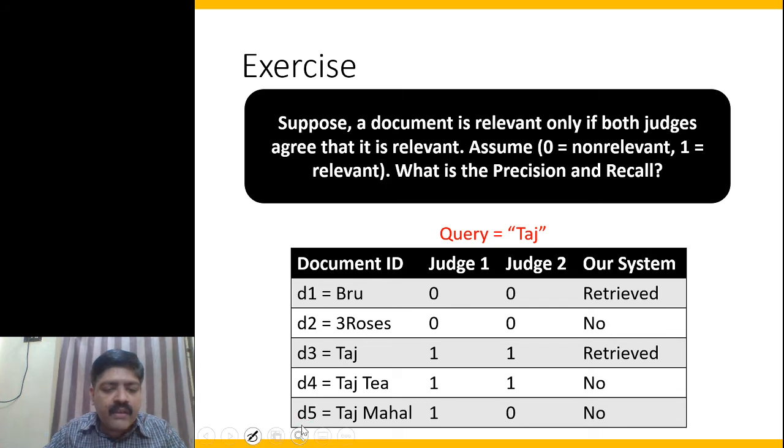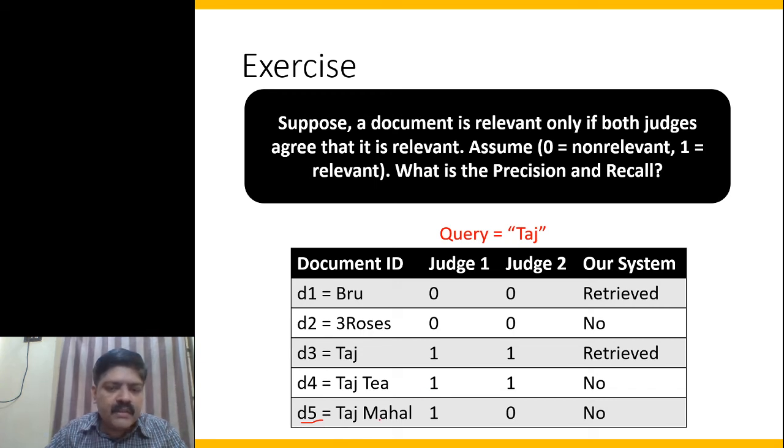Now let's take the case of Taj Mahal, D5. In D5, we have Taj and Mahal, so it's Taj Mahal, and the query is Taj. Since the query is Taj and the document has Taj Mahal, judge 1 thought it is relevant, so he gave a 1. But Judge 2 somehow thought this Taj is referring to tea and not to the popular monument Taj Mahal.